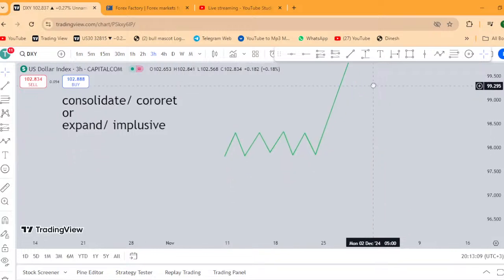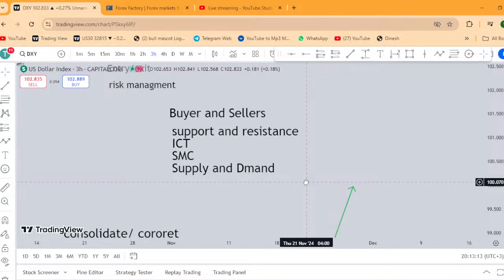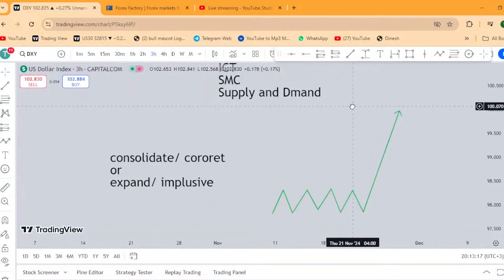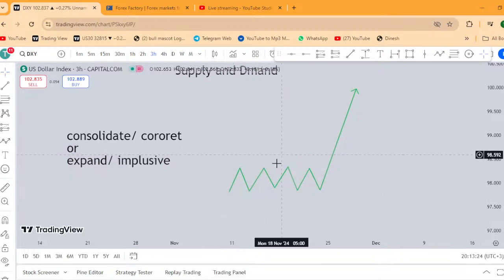Since for us, forex traders, retail traders, all we do is anticipate, such a market movement helps you to anticipate, to know when to enter and when to move.